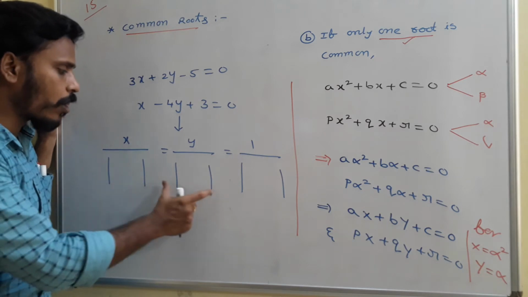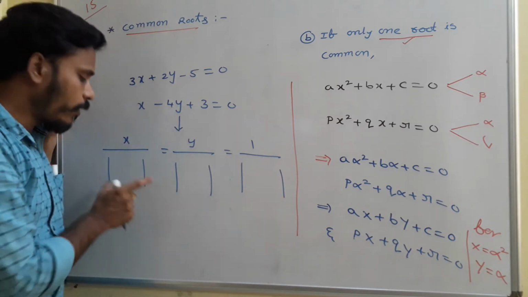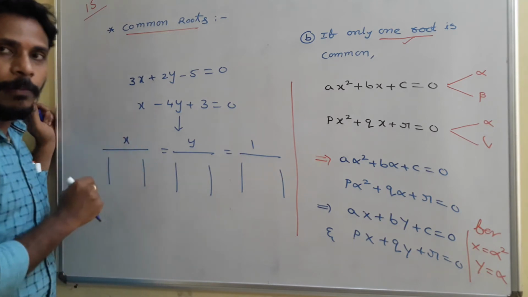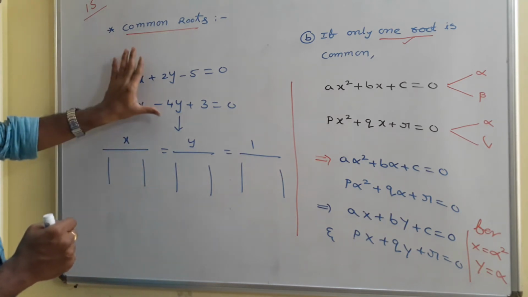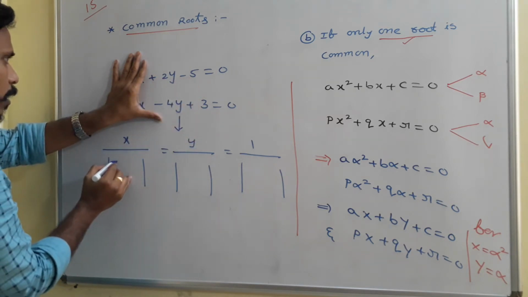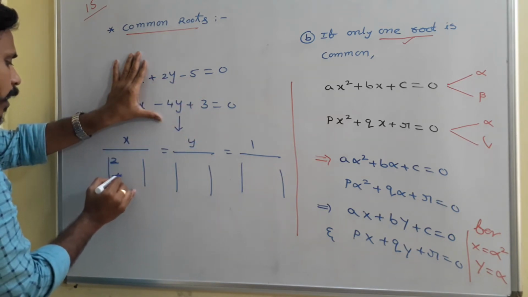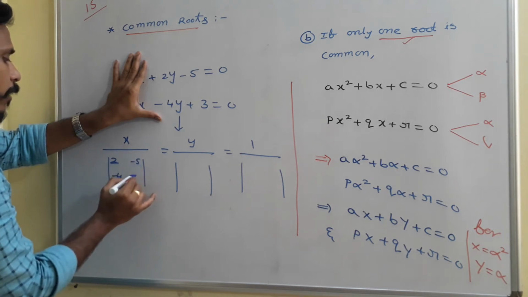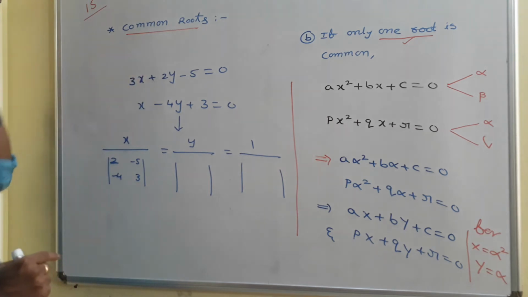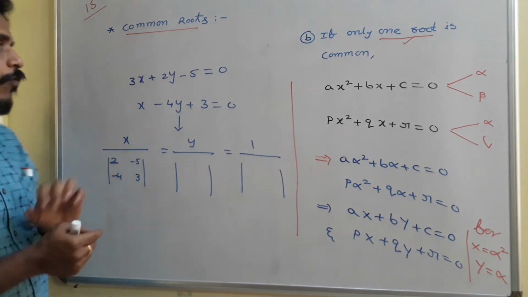This is one box, this is another box, this is the third box, we call them determinants. In the first box, for x, you close x and write the coefficients of the remaining: 2, minus 4, minus 5 and 3.